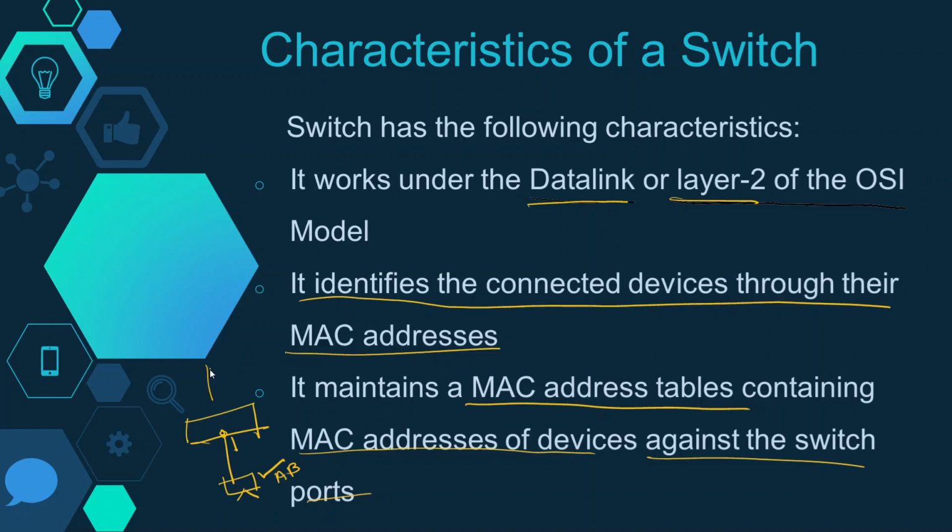It is stored inside the switch in a MAC address table such that, let's suppose here is a port column and here is a MAC address column. So at port 1 the switch knows that a device having MAC address AB is connected.